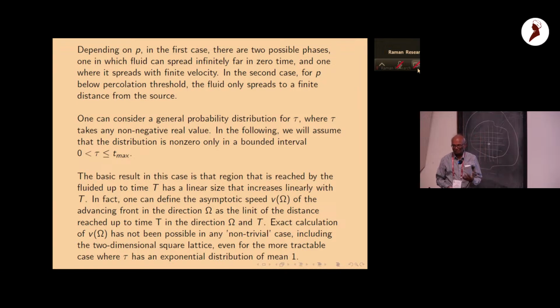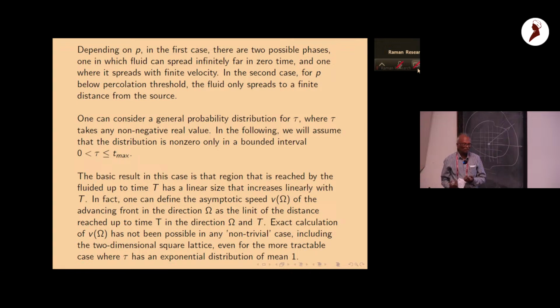So the first result, which is very robust, is that the diameter of this invaded region varies linearly with time, asymptotically at large times. Okay, and that is called the velocity of the front. If I am slightly more careful, I will realize that if I go far, the distance traveled is proportional to time. But if I go in this direction, then the velocity is different. So the asymptotic shape of the cluster is not really a circle.